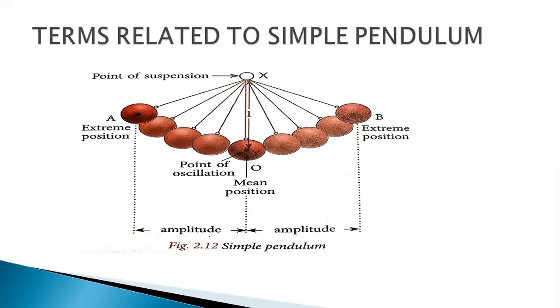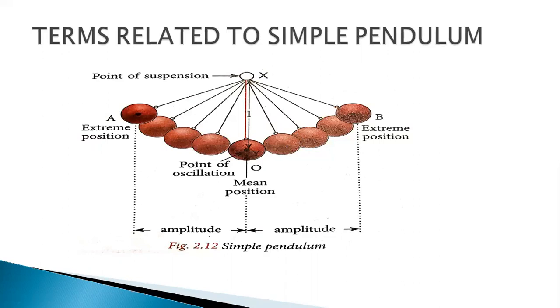Next one is frequency. What does frequency mean? The number of oscillations in 1 second. In 1 second, how many times the pendulum completes the oscillations is known as the frequency.